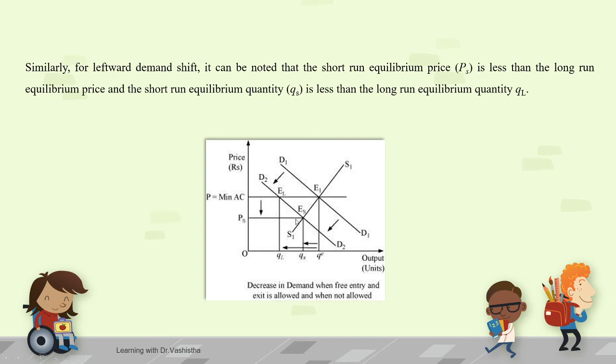The corresponding price level PS is less than the equilibrium price level, and the short run equilibrium quantity QS is less than the long run equilibrium quantity, which has to be QE; that needs a revision here. So both price and quantity are less than the equilibrium price and quantity correspondingly.